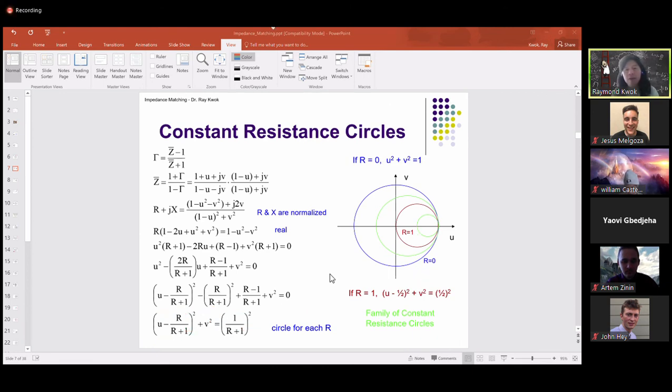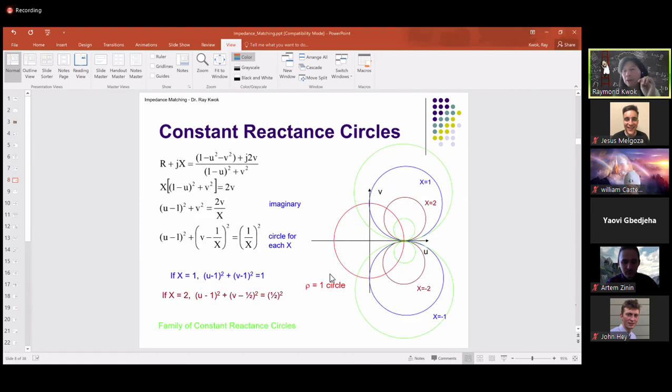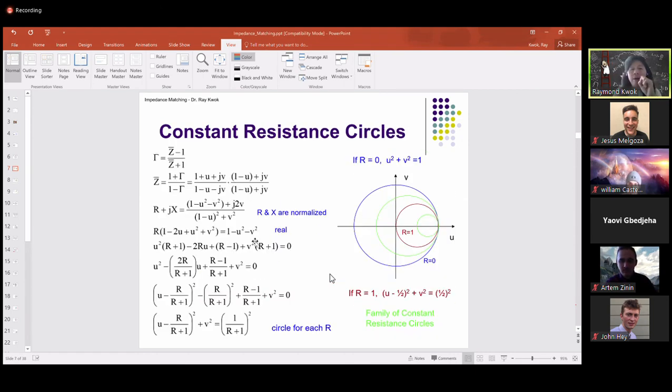Okay, so let me move on. Do I have time? No, I don't have time. So let me just summarize what we have done here. We look at the Smith chart. By solving the real part of these equations, we get a family of circles.